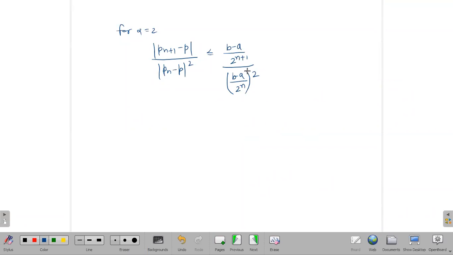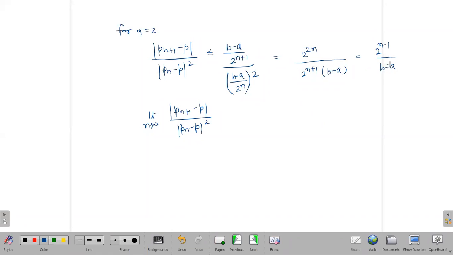Here you will get 2^(2n) coming up, and 2^(n+1) into (B - A). Now taking the limit on both sides of |Pn+1 - P| / |Pn - P|^2, if you solve it, it is 2^(n-1)/(B - A).